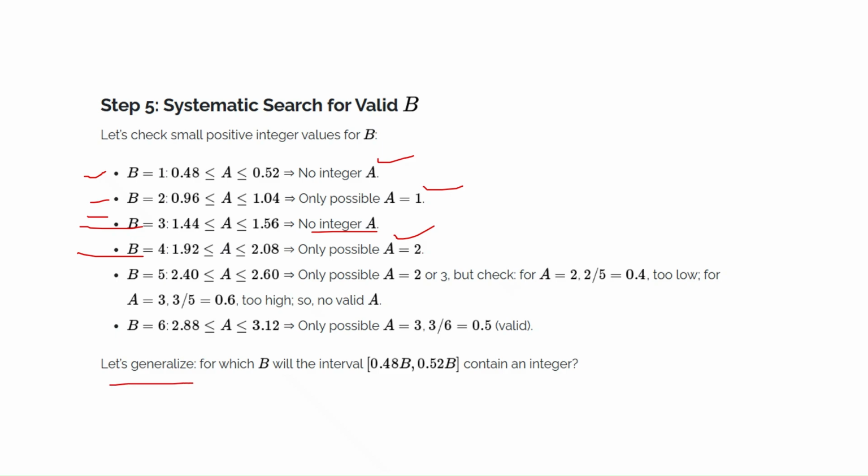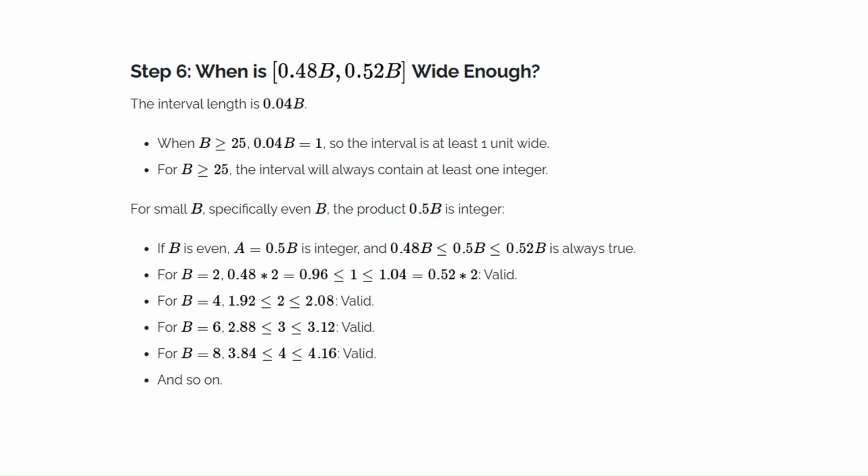So let's generalize this and see if we can find an expression that could help us solve the problem for all possible integer values satisfying this condition. One thing we note is that the length of the interval 0.48b to 0.52b is 0.04b, and for an integer to lie within this range, it should be wide enough.